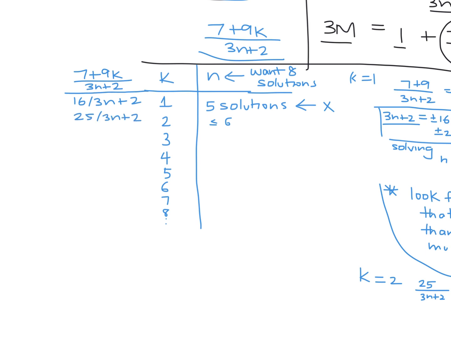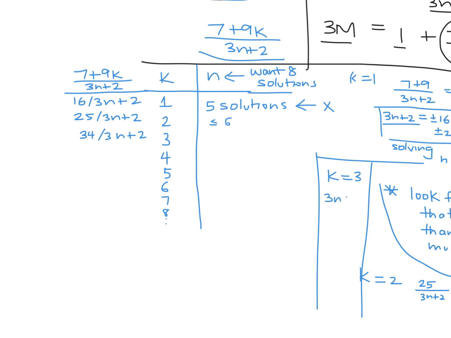If k equals 3, it's 34 over 3n plus 2, and therefore, I'll just do it here if I can squeeze it in. If k equals 3, then 3n plus 2 has to be equal to plus or minus 34, or plus or minus 17, or plus or minus 1. So again, this is going to give you at most 6 solutions. You see what's happening here?